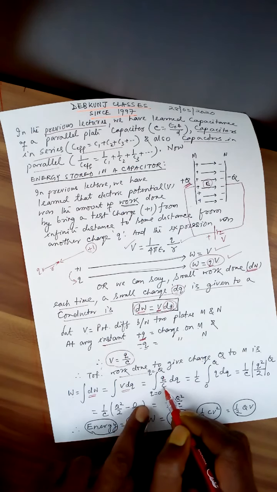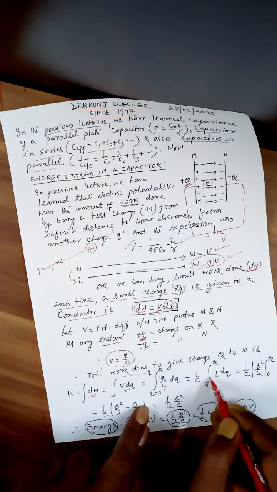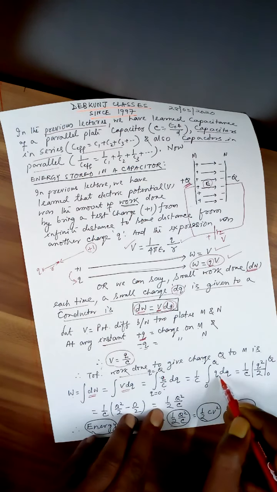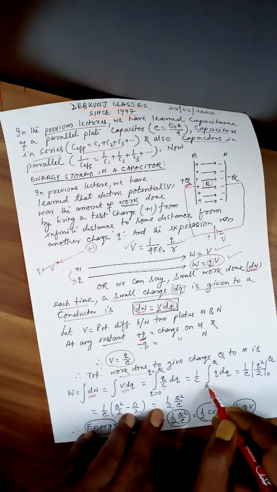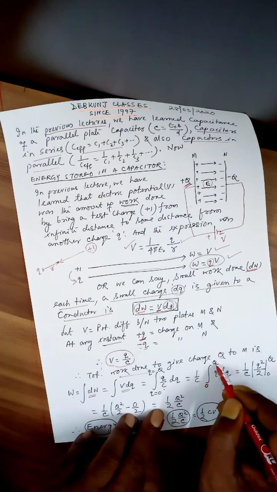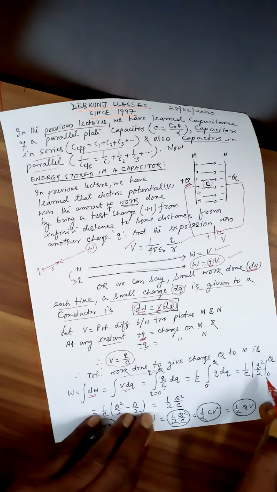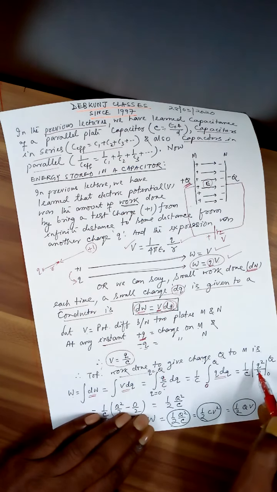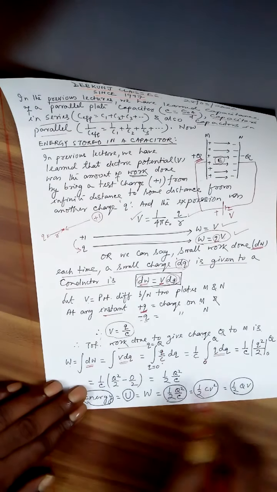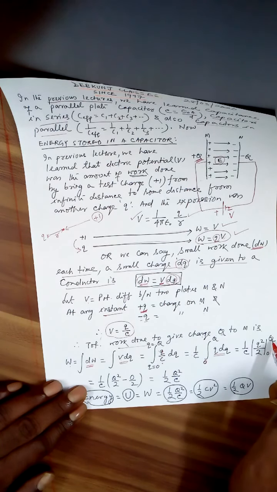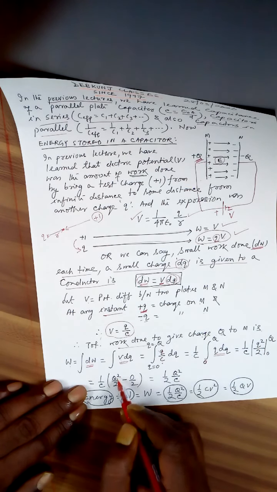Since C is a constant, 1 over C is taken out of the integral. So we are left with q dq, charging the capacitor from zero charge to when it is totally charged with capital Q. This gives you q square by 2 with the limits of integration from 0 to capital Q. For small q, I put capital Q here, Q square by 2.